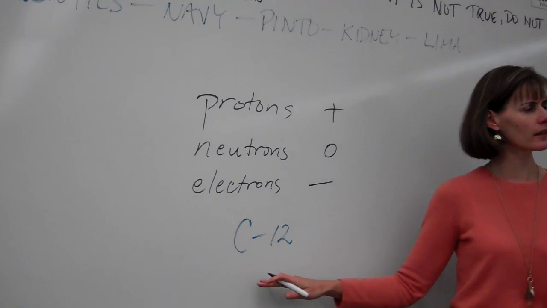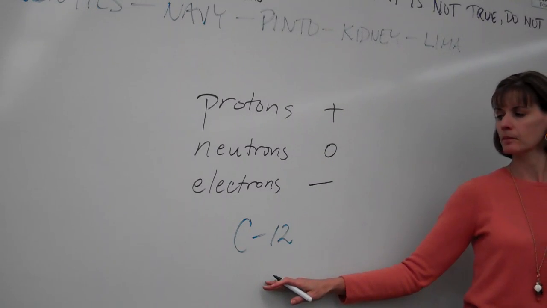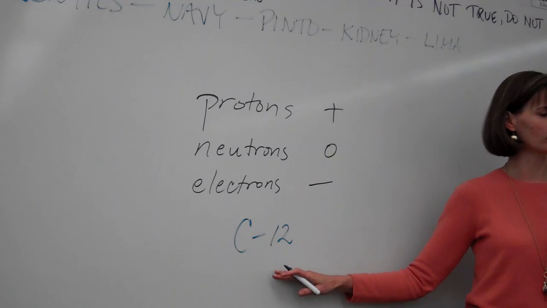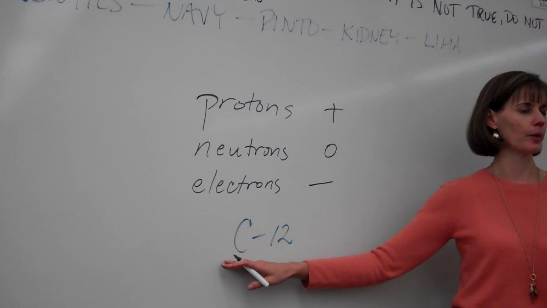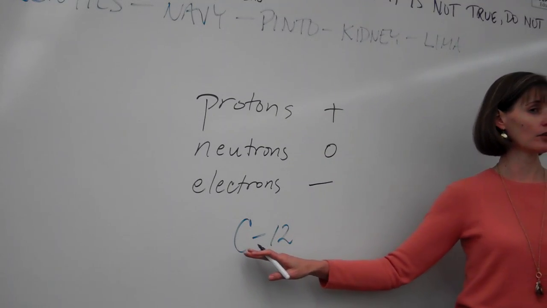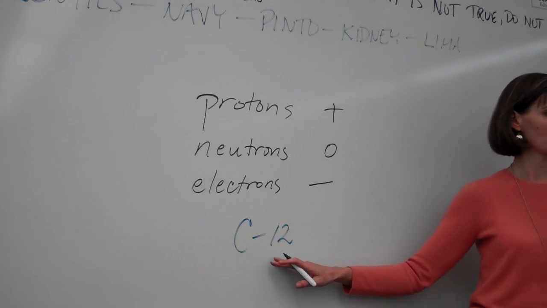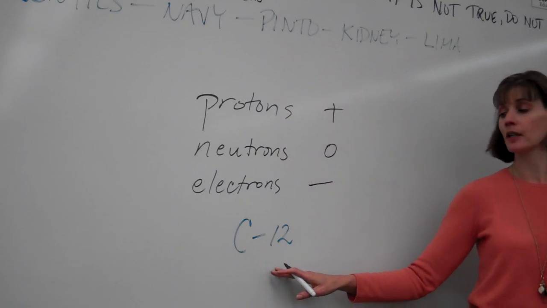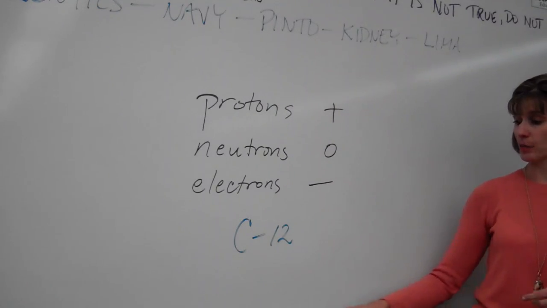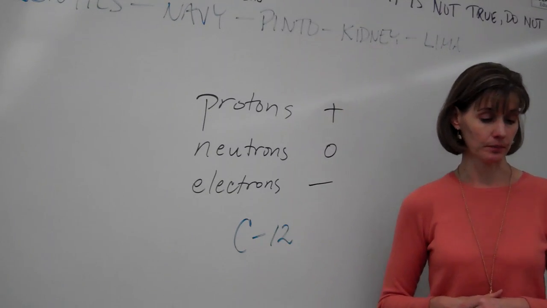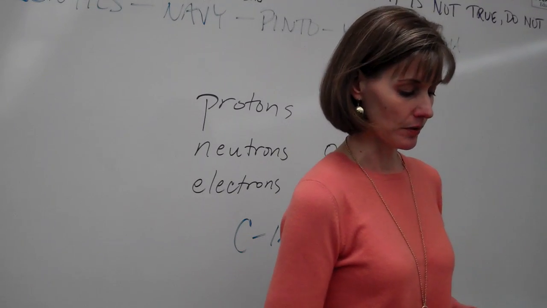When I write C-12, that's a what of carbon? Isotope. It's the most abundant isotope of carbon, and that is why it is chosen as a standard. Well, and other reasons.